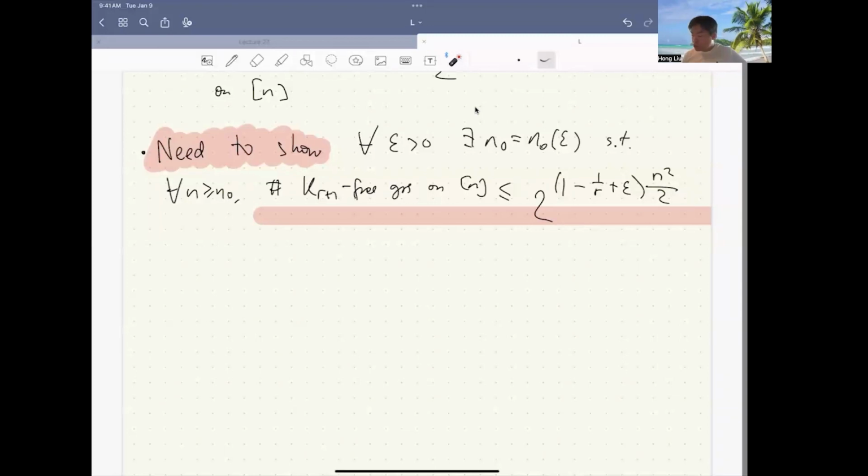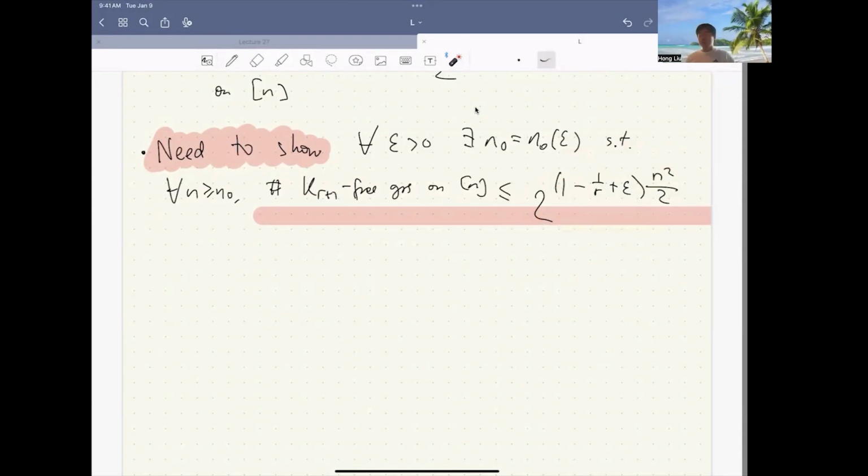For any K_{r+1}-free graph, the number of its subgraphs is at most this many, just by taking all its subgraphs, because its size is no more than this due to K_{r+1}-freeness. So then we can count all of them by looking at their supergraphs, taking all possible subgraphs, this many, times the total number of these supergraphs, which is constant many groups.